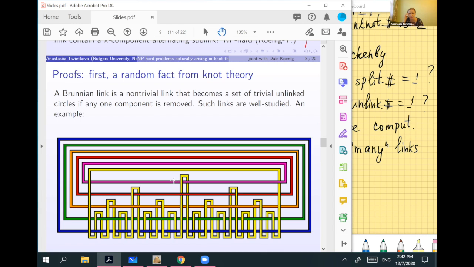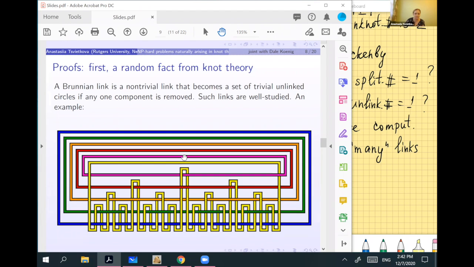Such links are well studied. There are many examples of them, and this is just one of them. I remove yellow, or pink, red, orange, green, blue, any one, and then I have just disjoint circles up to isotopy. Any link with such a property is called a Brunnian link, and I will be using them in the construction.